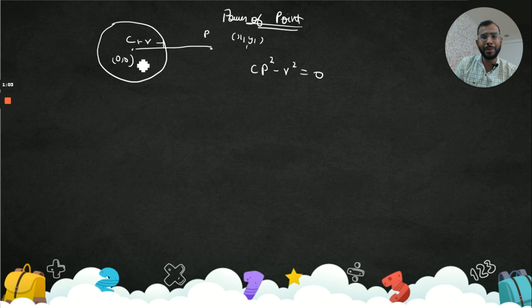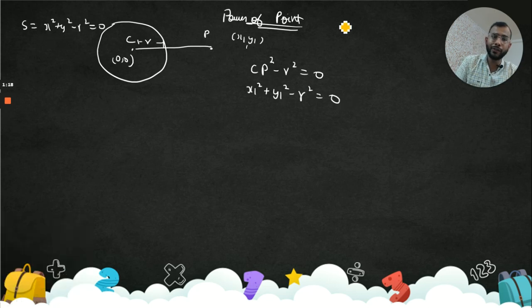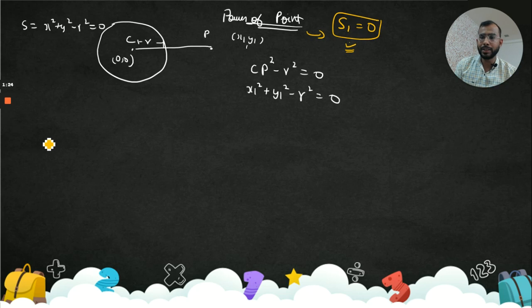CP square is x1 minus 0 square, which is x1 square, plus y1 minus 0 square, y1 square, minus r square. So if the circle is x square plus y square minus r square equal to 0, which is S equal to 0, then our power of point is S1. So power of a point is S1. Very easy thing.